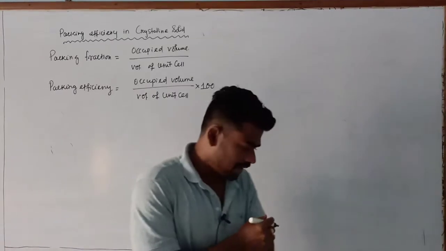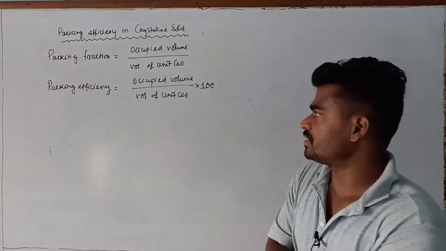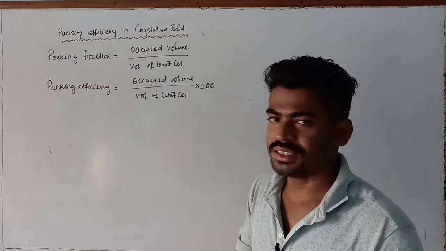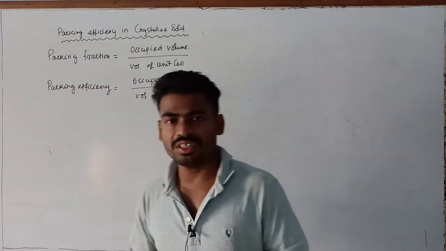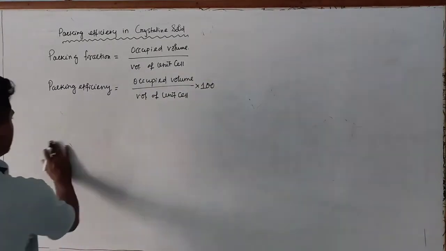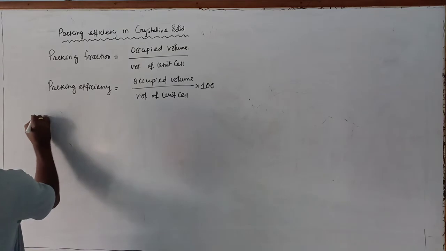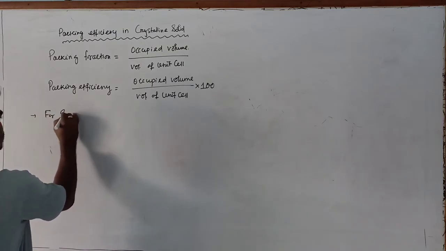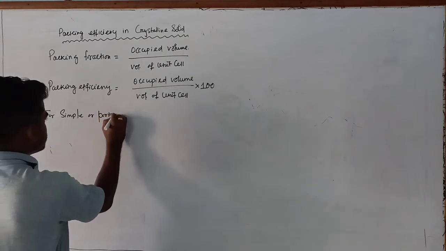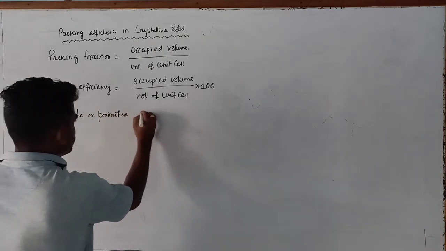So let us find out the packing efficiency of different unit cells. First one, simple cubic, then body centered, and then face centered. Okay, so first one is for simple or primitive cubic unit cell.